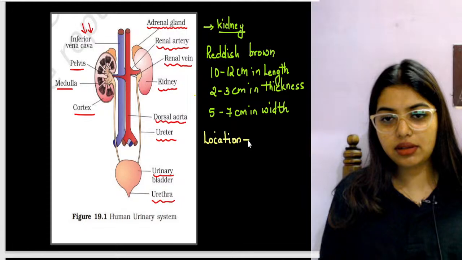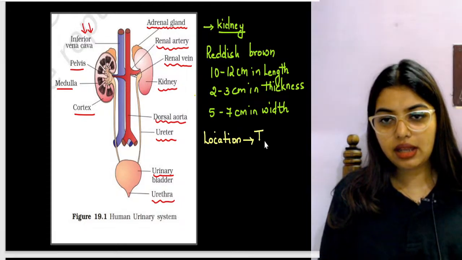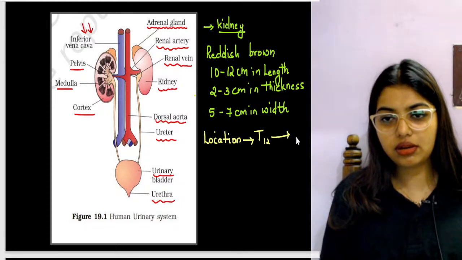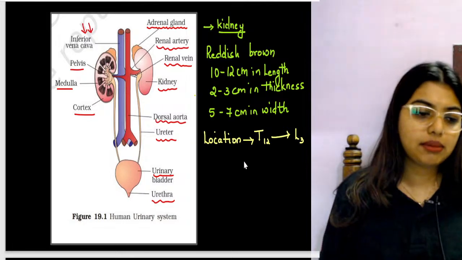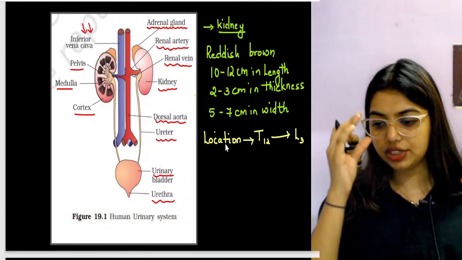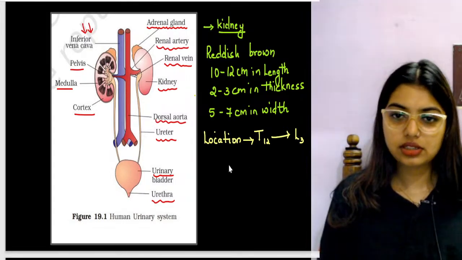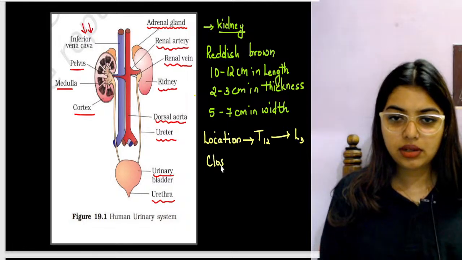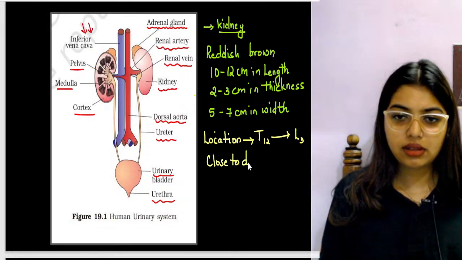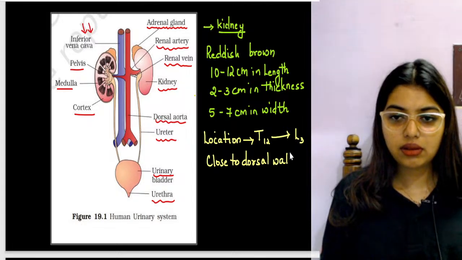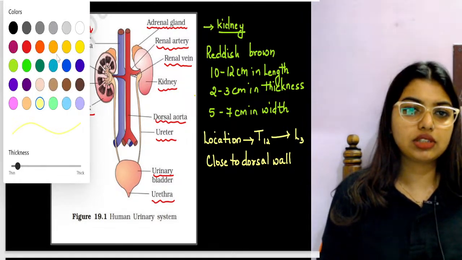Location is from the T12, last thorax, to the third lumbar, abdominal region. Got it? Close to the dorsal wall.